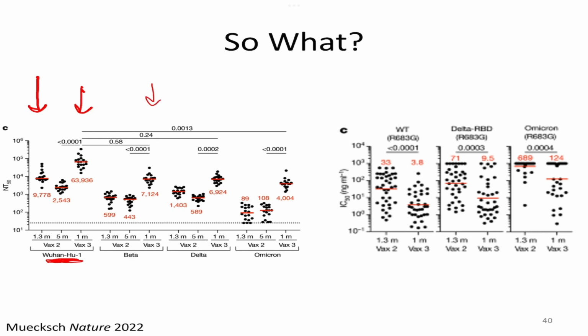Yet, as we go on, after the third dose, people are starting to make antibodies that can bind to different variants. You can see that even though this is not the Omicron-specific vaccine, we're getting antibodies against Omicron with a third dose.